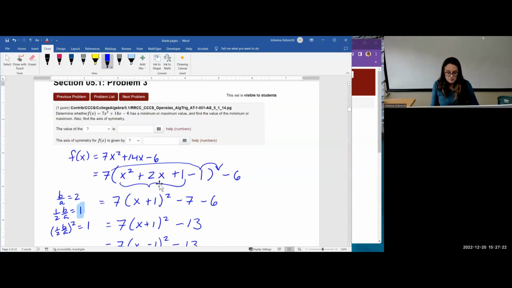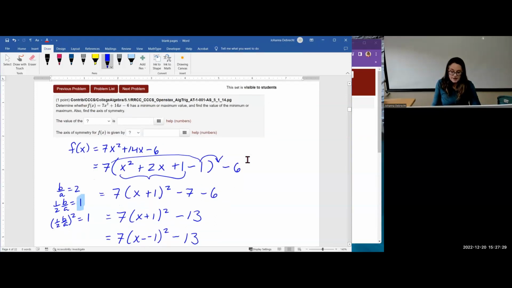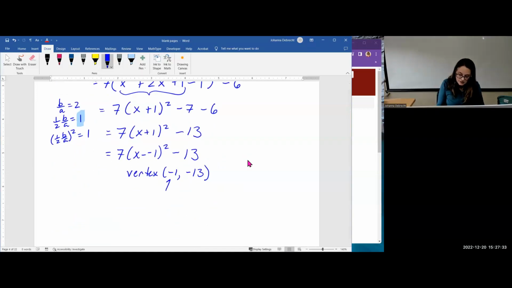Now let's go back to the problem. Remember, it's asking for the minimum or the maximum value. So the minimum or maximum value is going to be the y coordinate. The x coordinate gives you the where, and this gives you the max or the min. So we've got to decide, is it a maximum or a minimum?